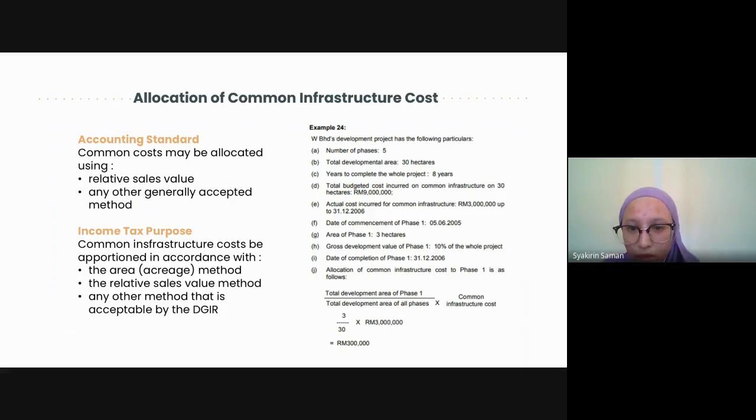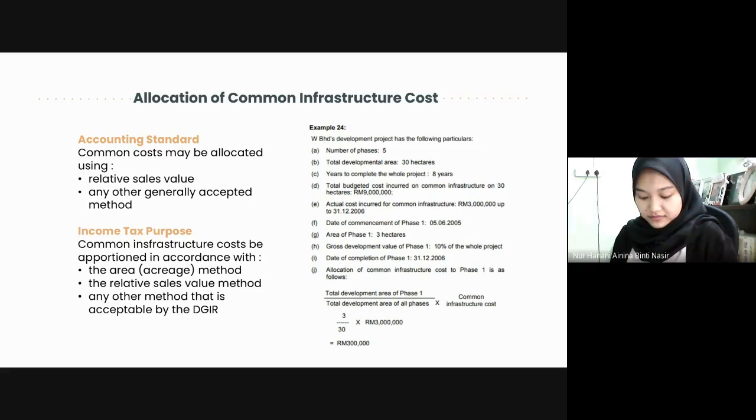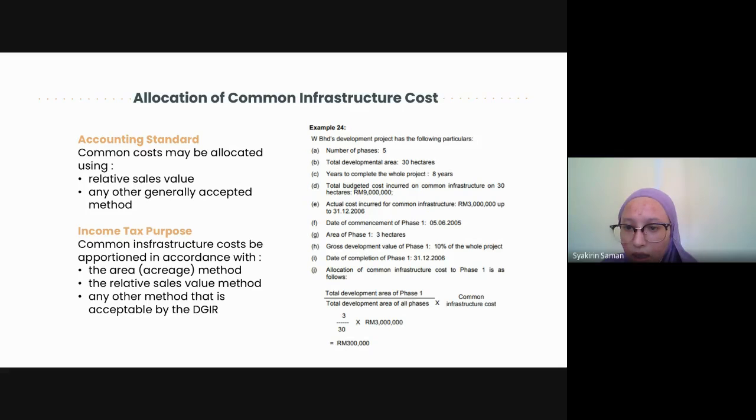Like example 24, W Berhad Development Project has the following particulars. The total number of phases is 5. Total development area is 30 hectares. Years to complete the whole project is 8 years. The total budget cost incurred on common infrastructure is 9 million, and the actual cost incurred for common infrastructure is 3 million up to 31st December 2006.